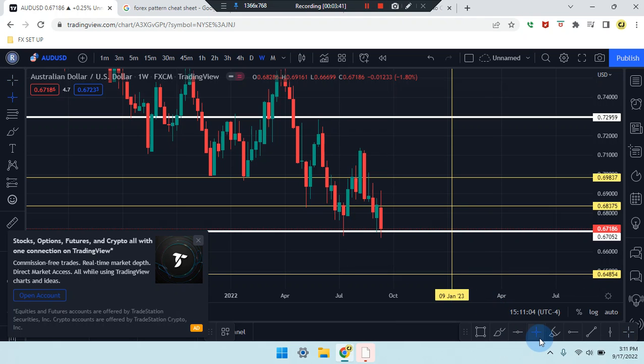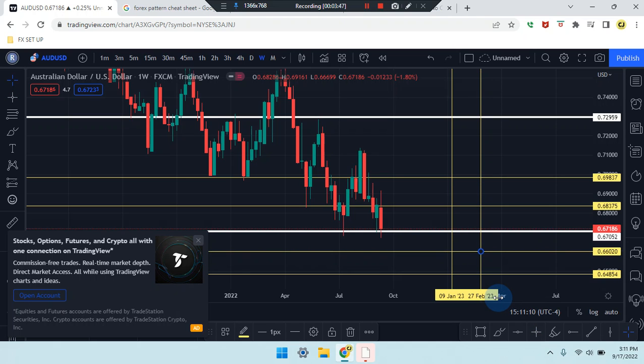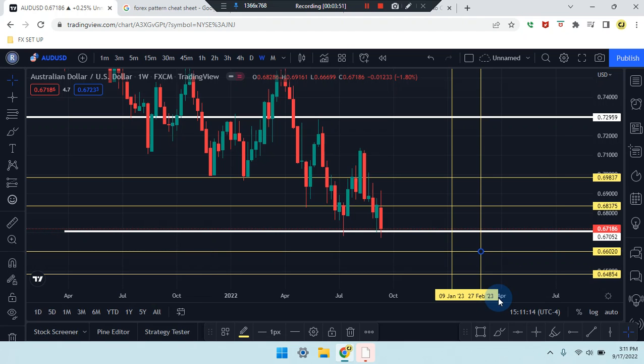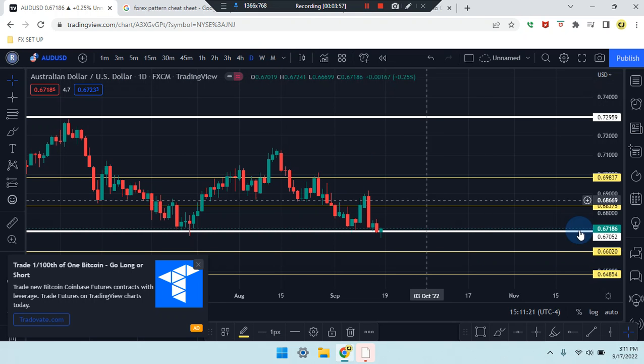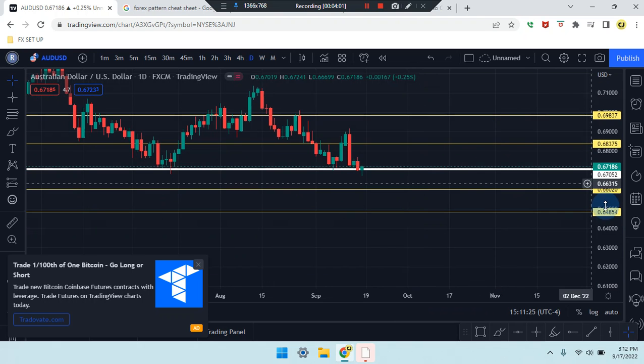And if price action work its way down further, just tag the midpoint area between the previous areas of the SR lines, which would be at, it'll be trying to work its way down to 0.66020.